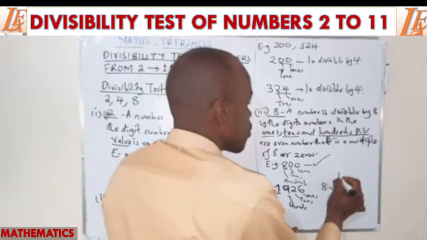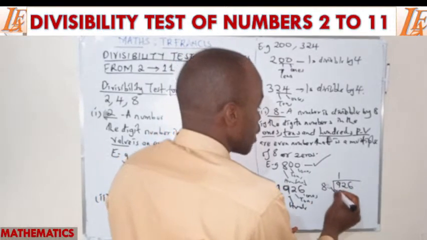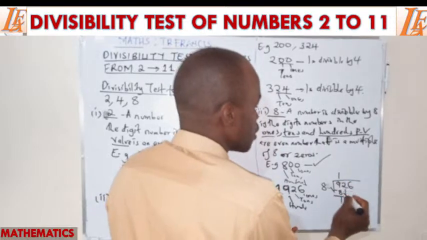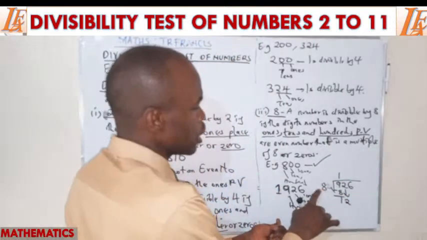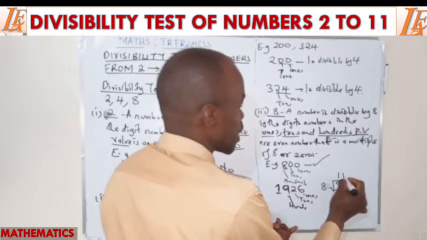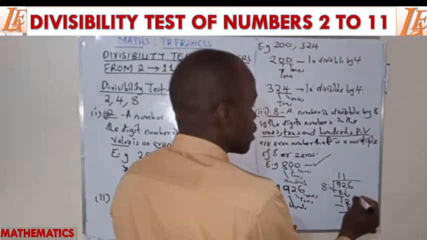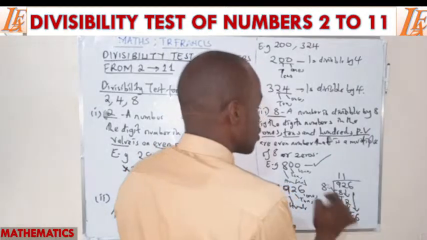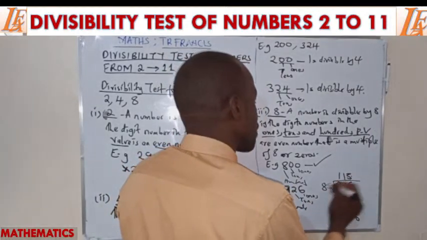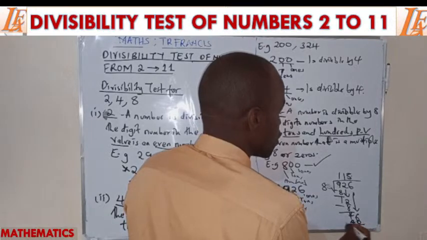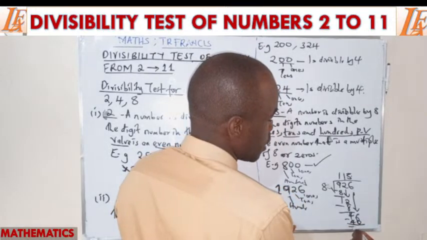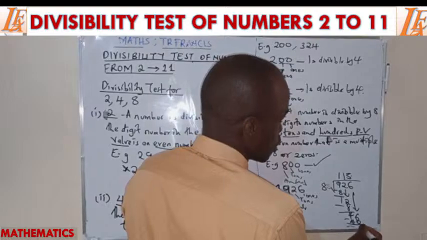8 goes into 9 once; 1 times 8 is 8, minus, remains 1. Bring the 2 down. 8 goes into 12 once again; 1 times 8 is 8, minus, this gives you 4. Then into 46, 8 goes 5 times; 5 times 8 is 40. So you see, the remainder is 6.